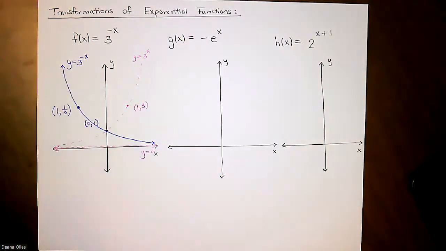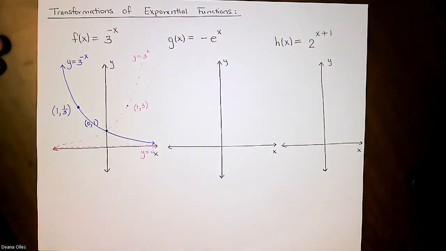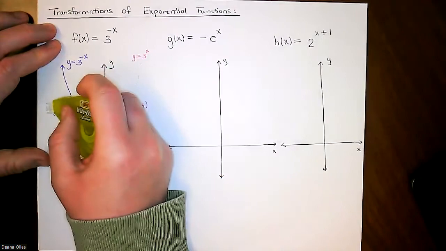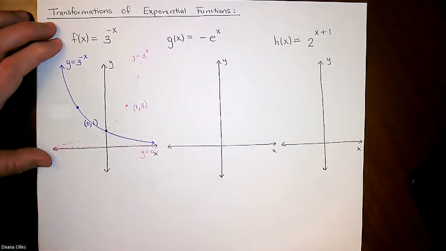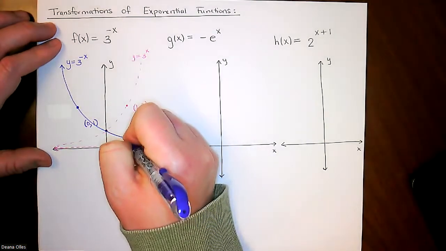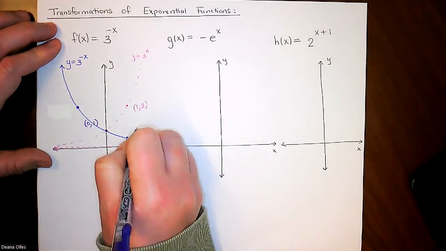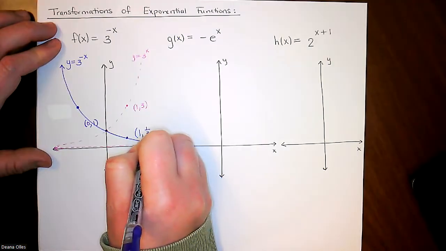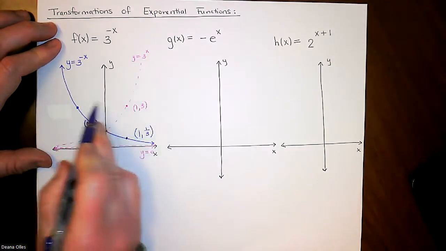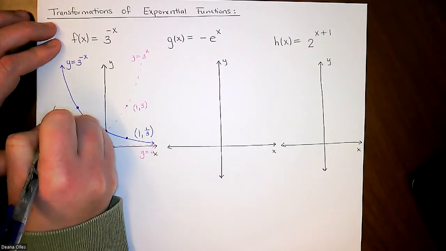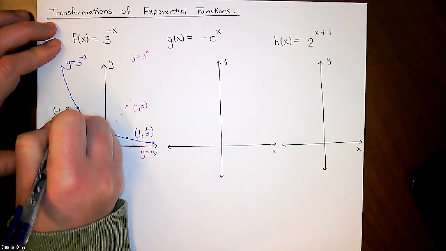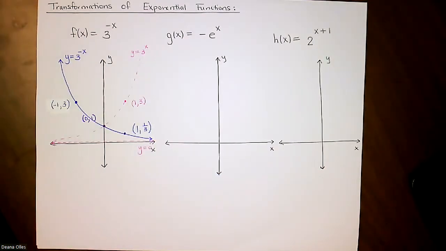Oops, made a mistake there. Sorry, I have plotted it in the wrong spot. We're still at x equals 1. And if I want to reflect this over the y-axis, this becomes not positive 1, but negative 1, comma 3. Sorry about that.